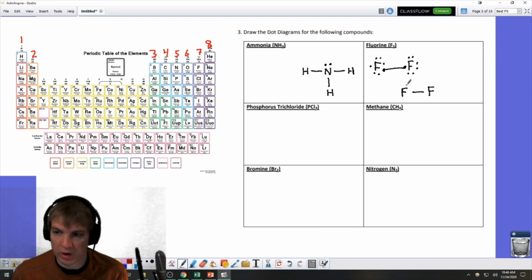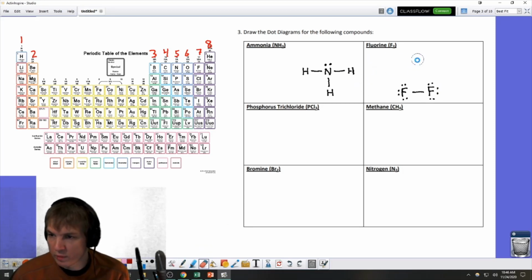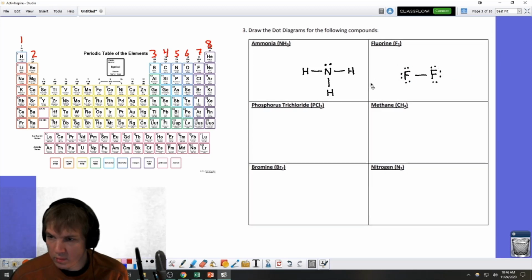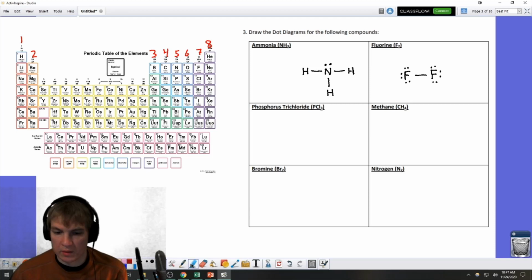And then we're going to draw out the other 6 electrons on each. And then we can erase our rough draft here. I'm just going to be able to move all of this. There we go.